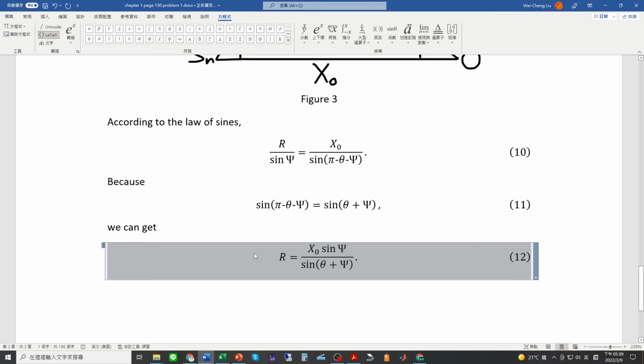We can get R is equal to x0 times sine psi over sine of theta plus psi.